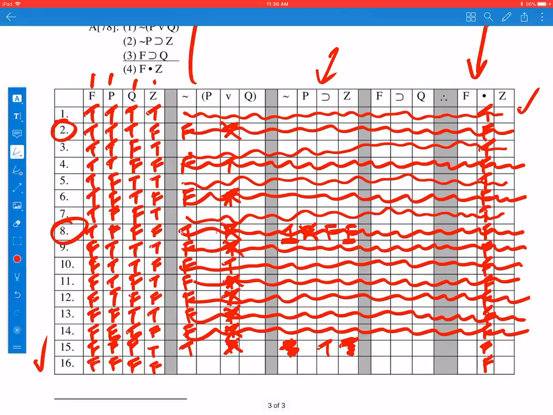We need to go to the last premise, F then Q. F is false, Q is false, so false then false we know is true. So look what we have here. Premise 1 is true, premise 2 is true, and premise 3 is true, and yet the conclusion is false.